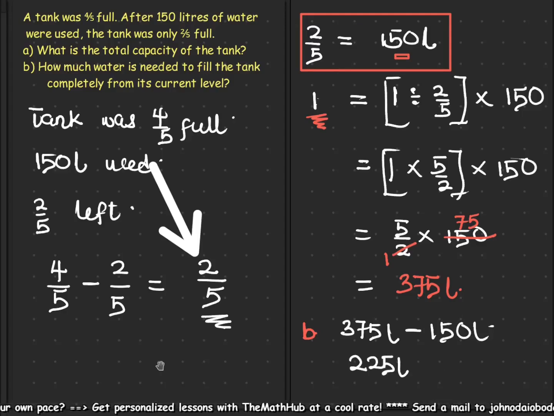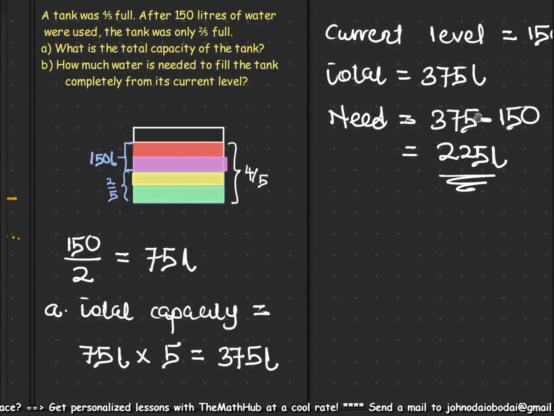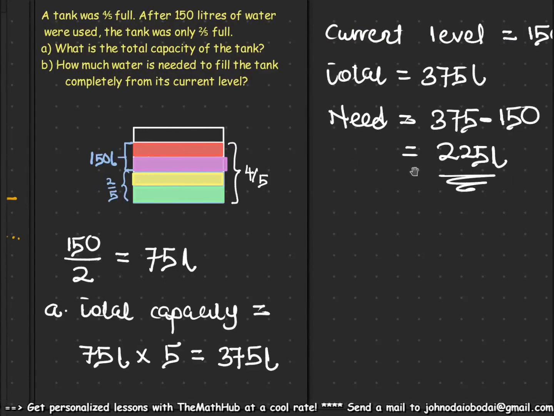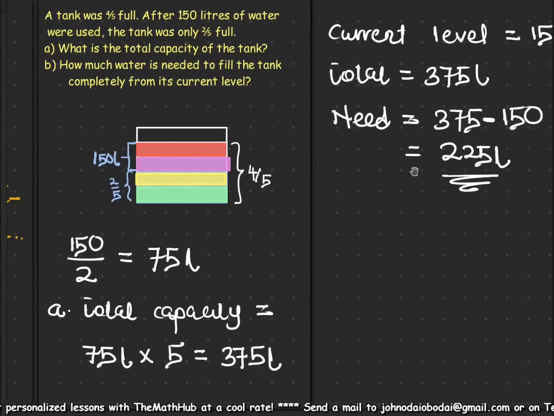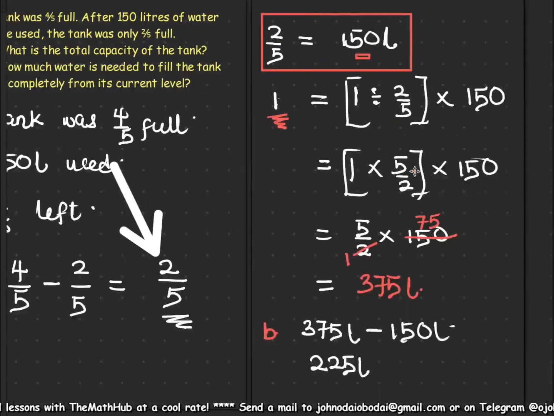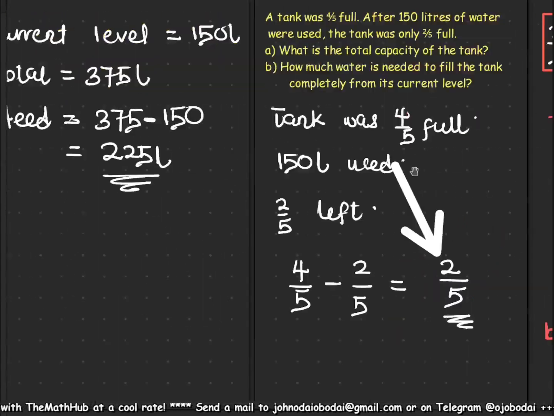And as you can see, that is no different from the initial method we used to solve. So they are all similar. If you understand fractions and you want to solely rely on fractions, fine. Here's a nice diagram you can use. If you have done ratio and proportion also and you think this is fine, they are all good to go.